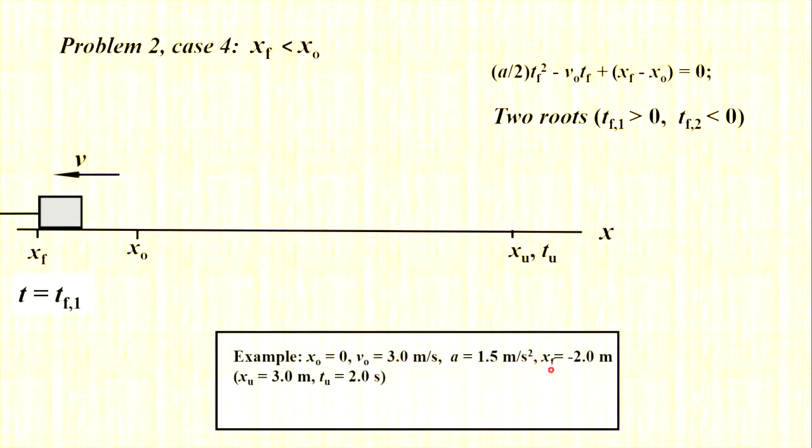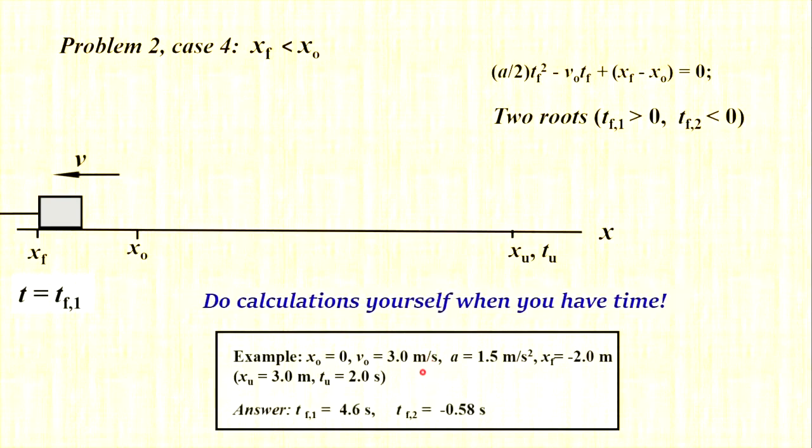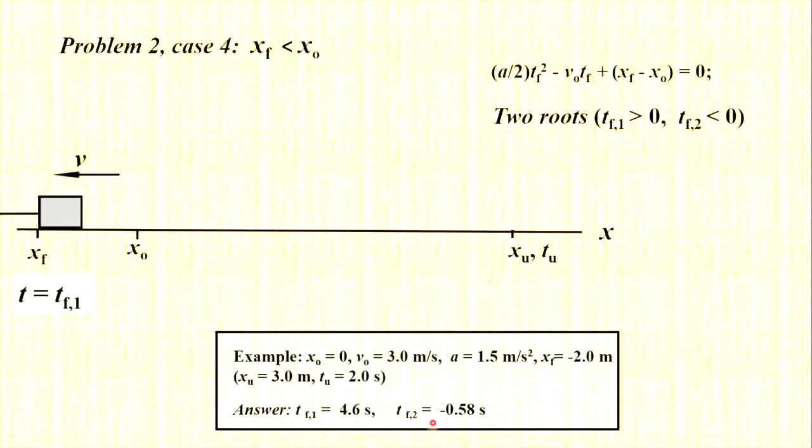And we select the point of interest at -2 meters, so to the left of the initial position, which is 0 in this example. After solving this quadratic equation, we will get the answer that time TF1 is equal to 4.6 seconds and the second time is negative, -0.858 seconds.